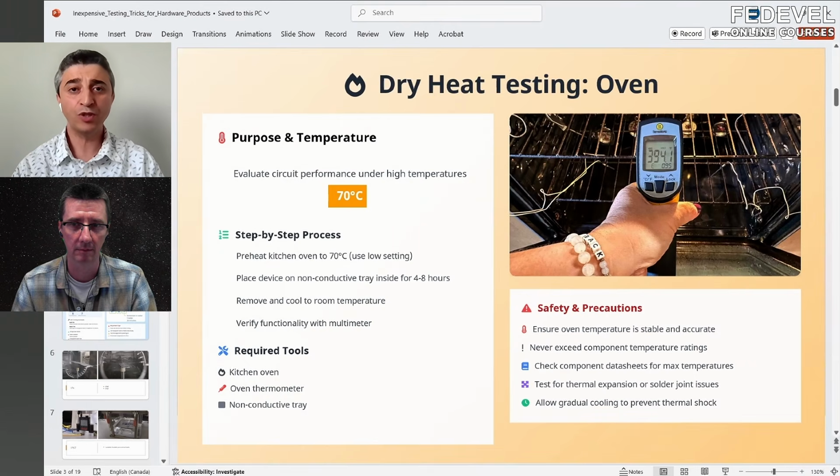The goal is, once you expose the electronic components and your design to this high temperature, you want to make sure things are not melting, things are still functioning. Your real-time clock, for example, or RTC on your design is still operating as expected. You want to make sure the whole thing as a system is functioning as expected. The quickest thing is if you have an oven.